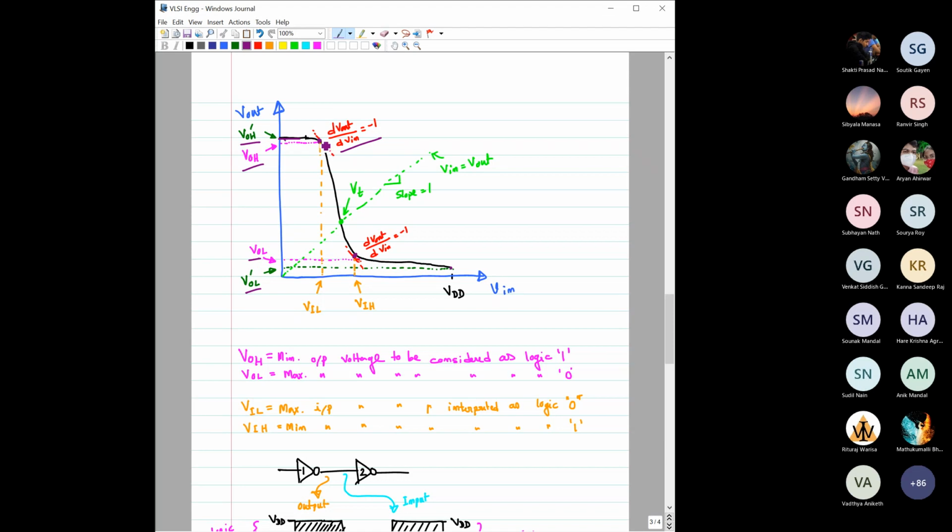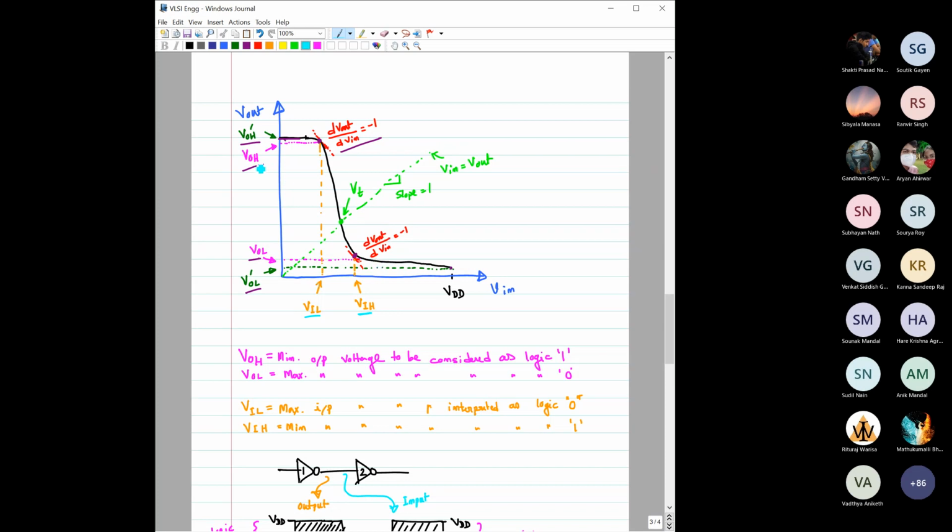The corresponding input voltages we have termed as follows: this point is VIL and this point is VIH. So VOH output corresponds to input VIL, VOL output corresponds to input VIH. I hope now we will not make any mistake in identifying these points.